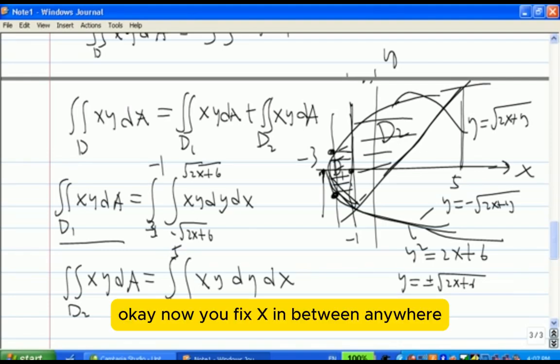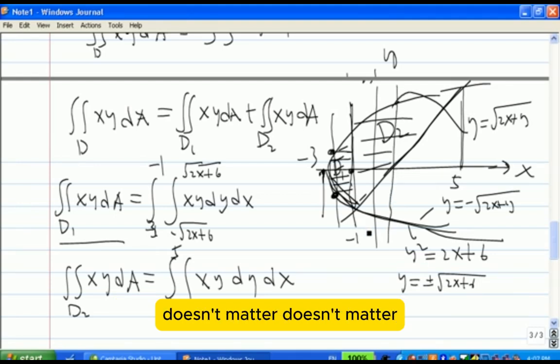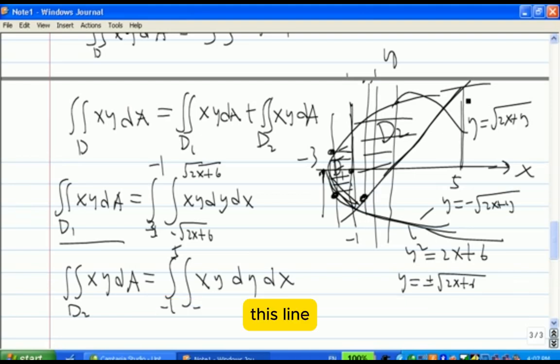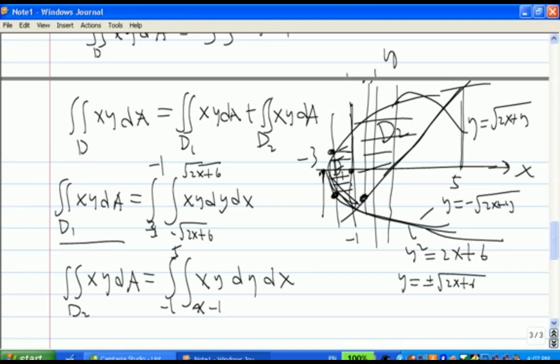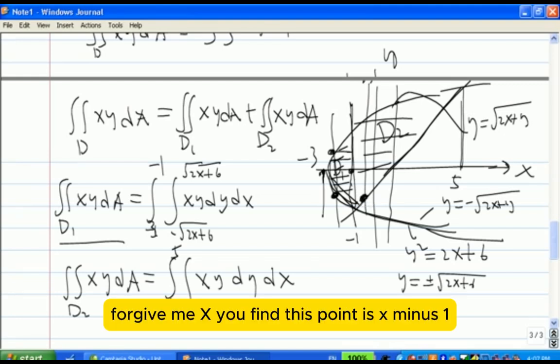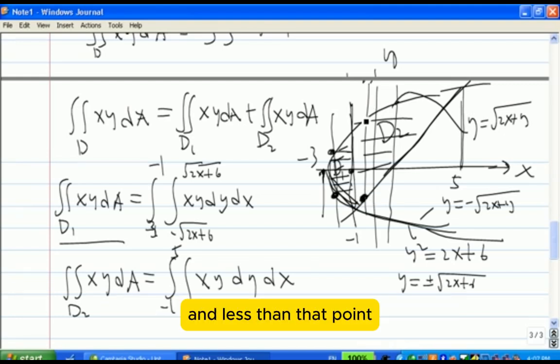Now you fix x in between, anywhere, it doesn't matter. Your bottom curve is always this line. This line is y equal to x minus 1, right? For given x, you find this point is x minus 1 and less than that point.